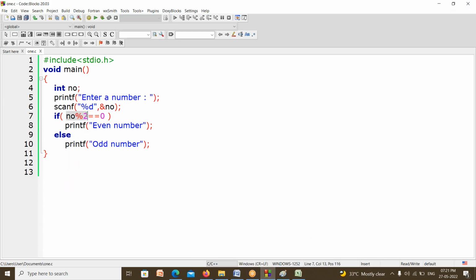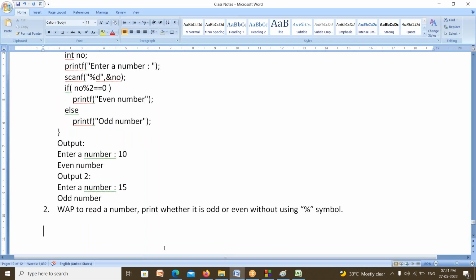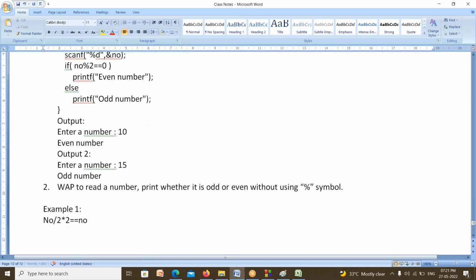See this. I will give 2 examples here. Example 1. Now I am asking one question to you. Number by 2 into 2 equal to number. Is it always true or is it sometimes true?